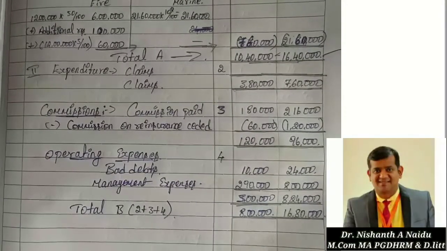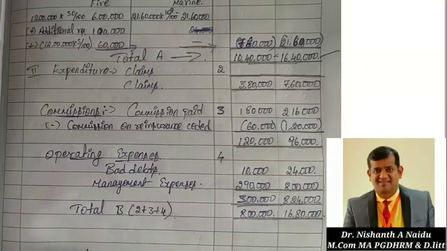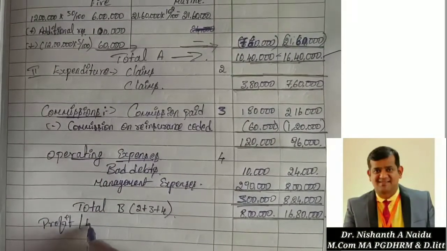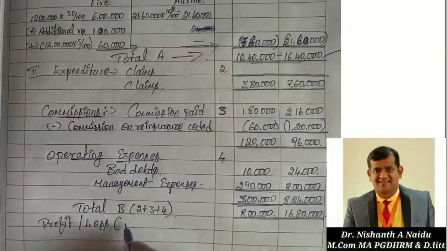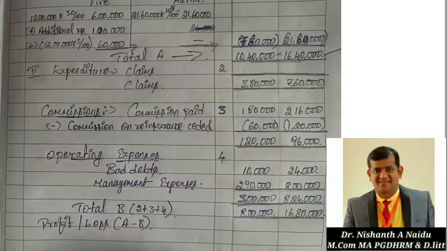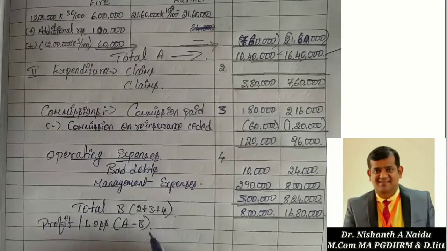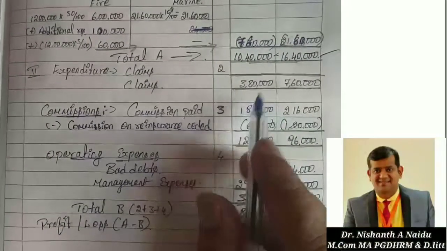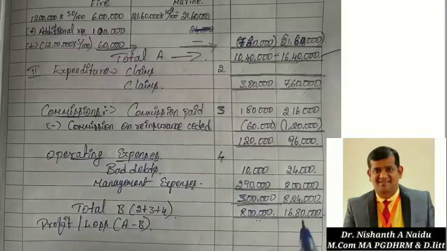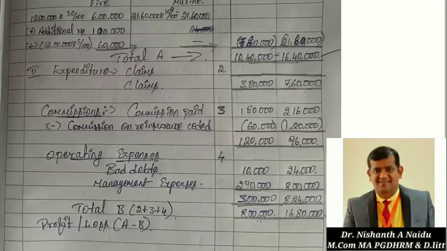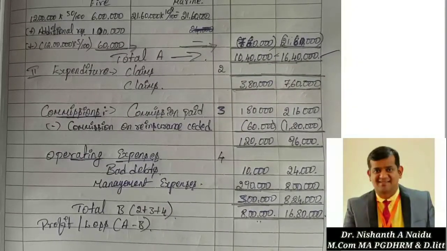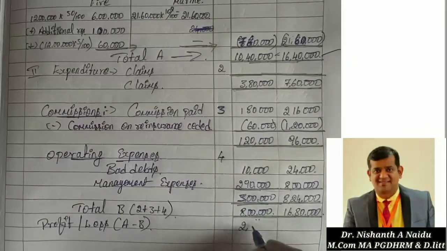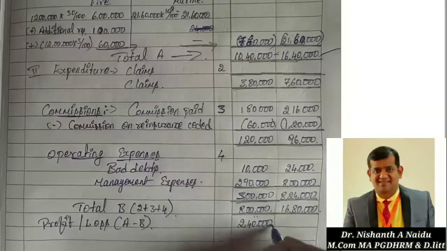Okay. So now to find out profit or loss, that is A minus B. So total A is 10,40,000, total B is 8 lakh. So income is greater, expenditure is lesser. So 10,40,000 minus 8 lakh. How much did you get? 2,40,000 profit.